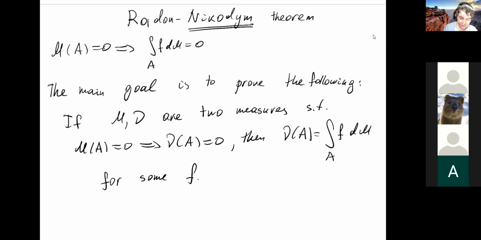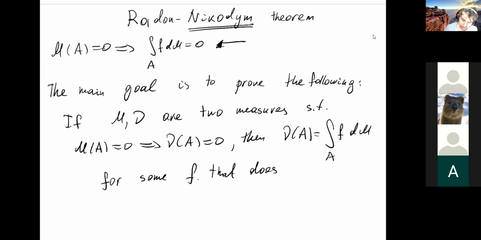So not only does this arrow hold, but basically it's the only case when it holds. If we know that mu of A equals 0 implies that nu of A equals 0, then we know that nu of A can be computed as an integral of some function f, that does not depend on A, of course.